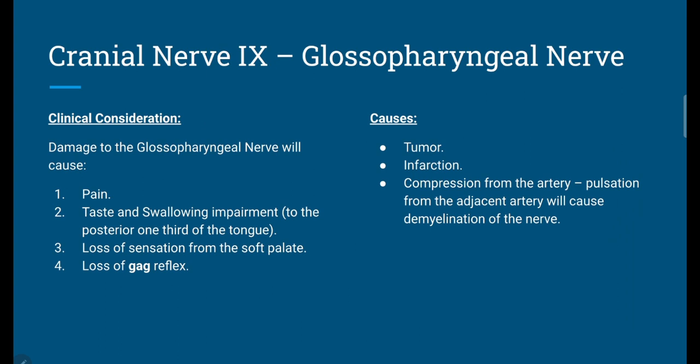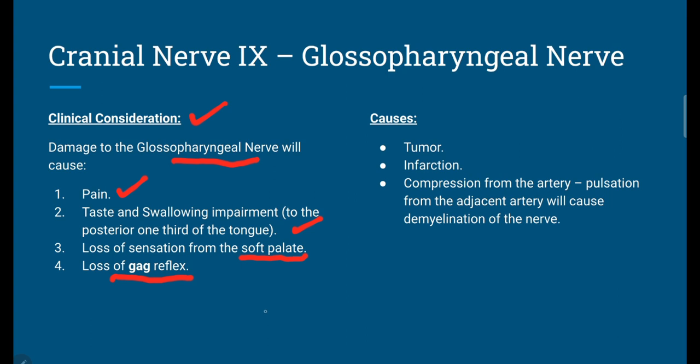Let's look at some clinical points for this nerve. Any damage to the glossopharyngeal nerve will cause impairment of taste and swallowing, and a loss of sensation in the posterior 1/3 of the tongue. There is a loss of sensation from the soft palate, and there is a loss of gag reflex.